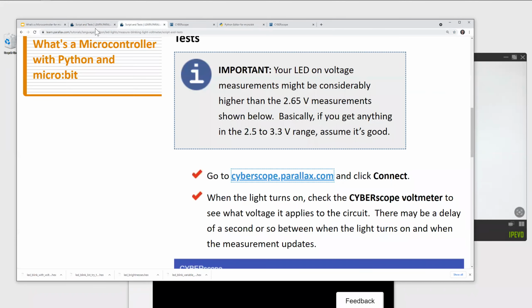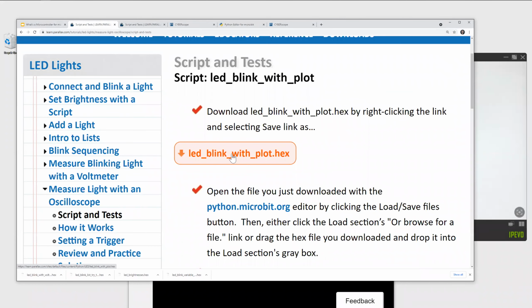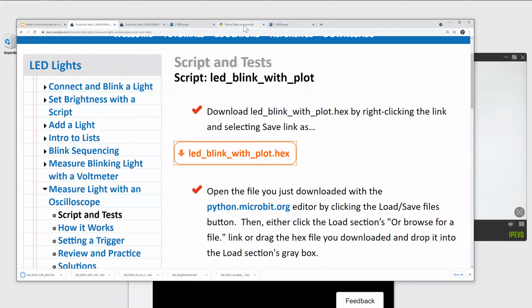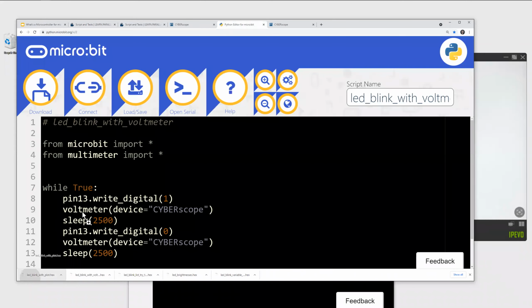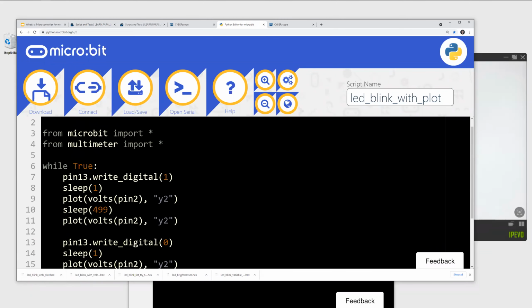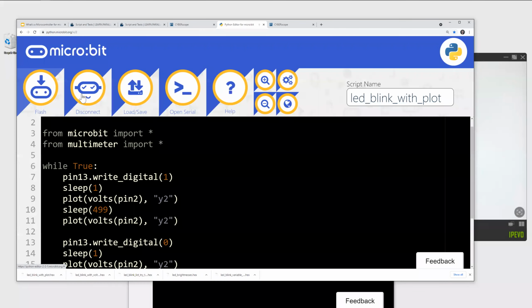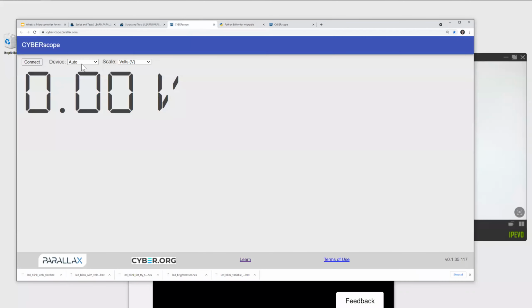Then after going to the page and downloading Blink with Plot, make sure to open it with the python.microbit.org editor, connect, flash, disconnect, and then go over to the Cyberscope.